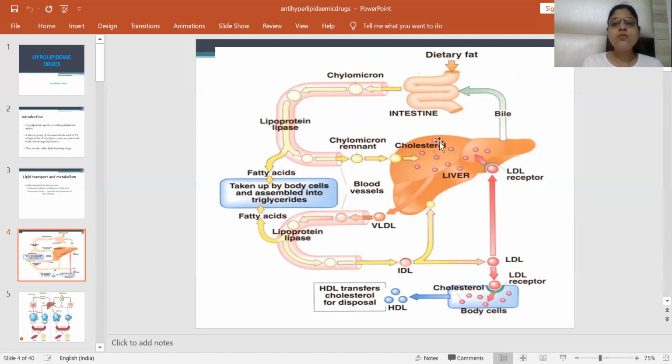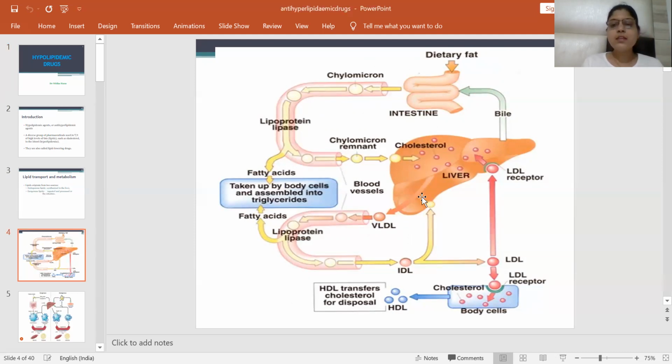Now in the liver, this cholesterol is formed from the chylomicron remnant, and it is taken up in the liver.